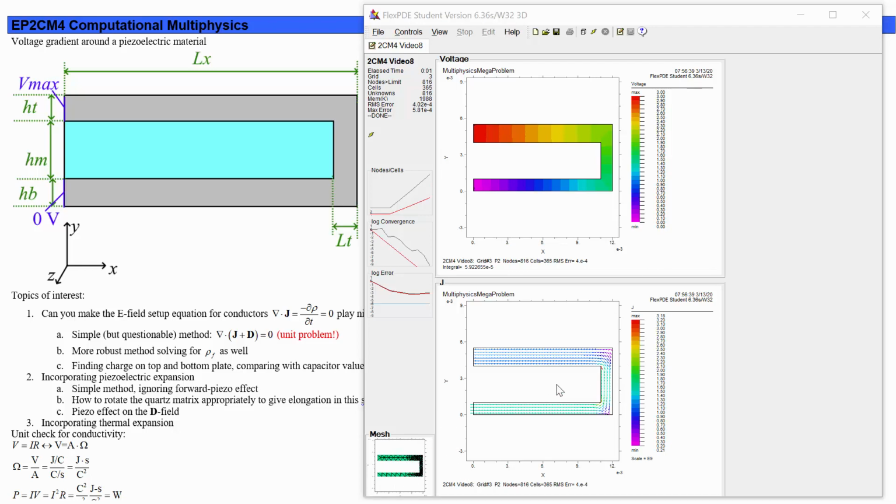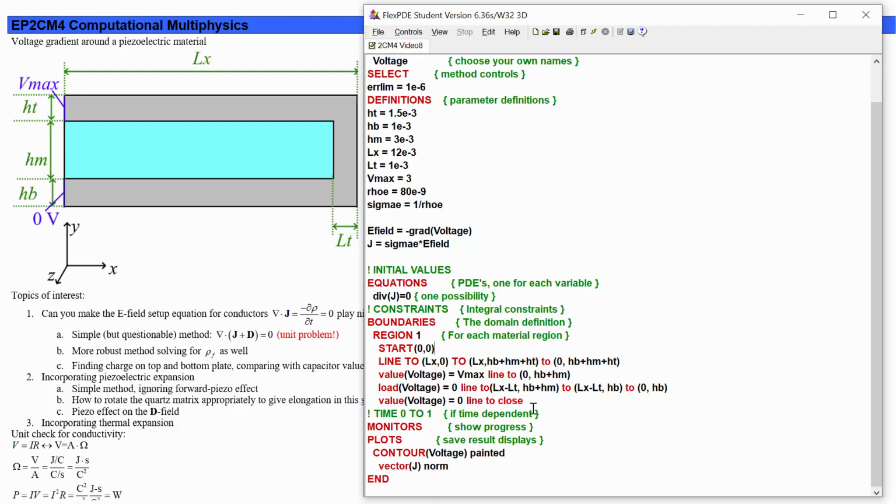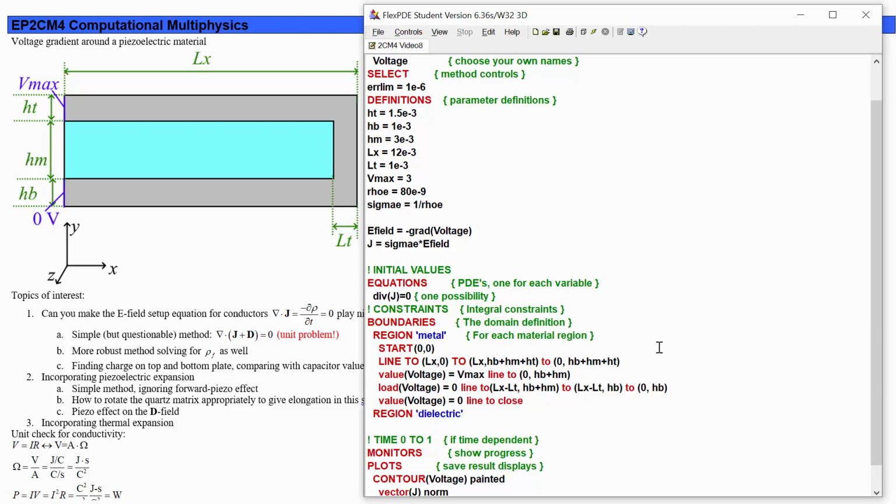Next step is to add in the dielectric. So we're going to make a new region. Maybe we'll call this region metal, and then we'll make another one, region dielectric, or maybe eventually it's going to be a piezoelectric, but sure, dielectric's okay for now.